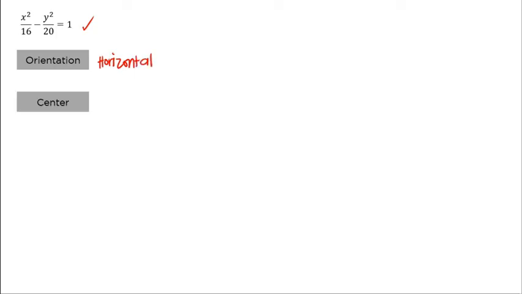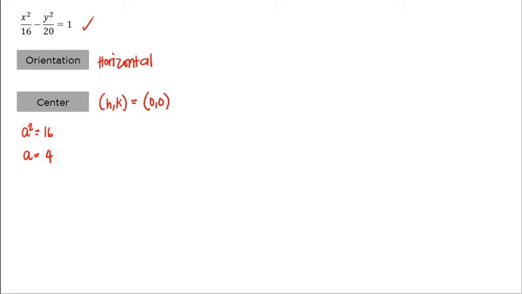Now, the center is just h, k, and our h, k here are 0 and 0. So the center is at the origin. So from the standard equation, we can actually solve for a and b as well as for c. So a squared from our standard equation is just equal to 16. So a is equal to 4. Okay?